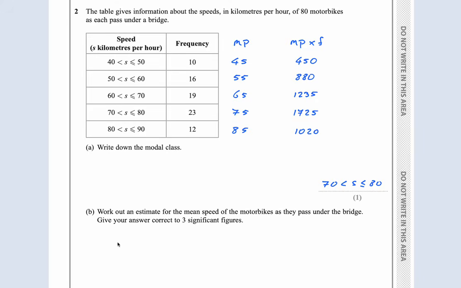Okay, the mean is then the sum of all these, 450 plus 880 plus 1235 plus 1725 plus 1020 divided by the total number of motorbikes, which is 80, not 5 or anything silly like that, guys. It's 80 motorbikes.